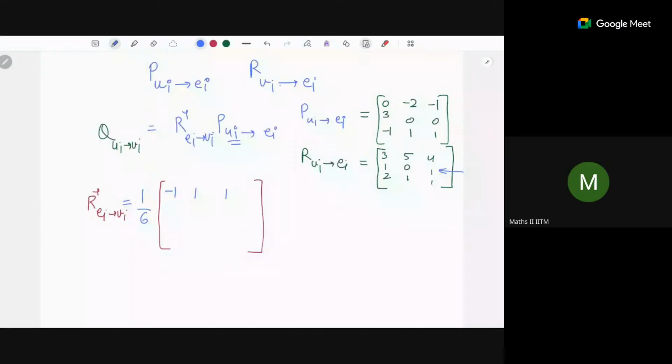For 2 1 it is 5 minus 4 minus 1. It is 3, 3 minus 8. 3 minus 8, that's minus 5. And then my 3 minus 10, that's minus 7.